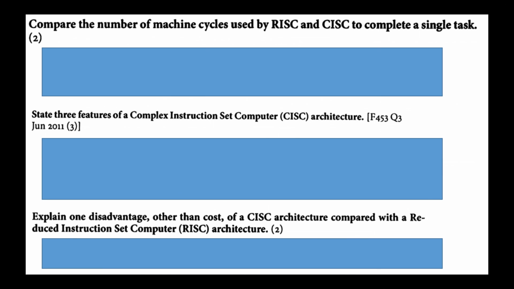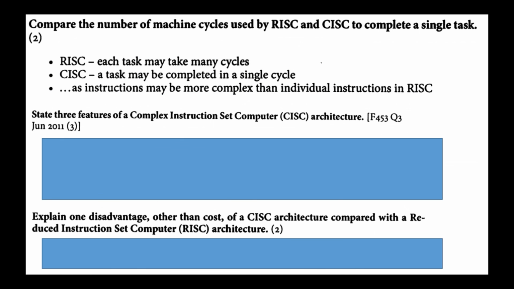So let's have a look at the answers. Compare the number of machine cycles used by RISC and CISC to complete a single task. RISC: each task may take many cycles. CISC: a task may be completed in a single cycle, as instructions may be more complex than individual instructions in RISC.